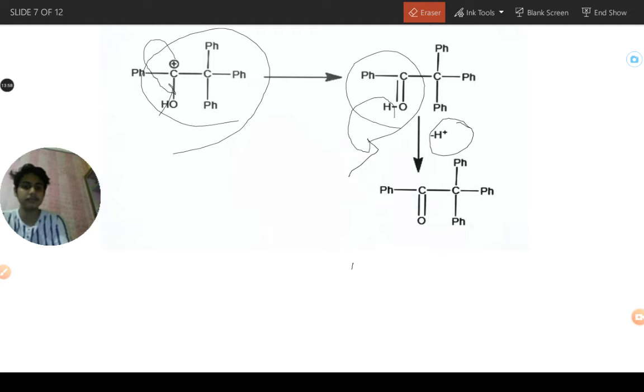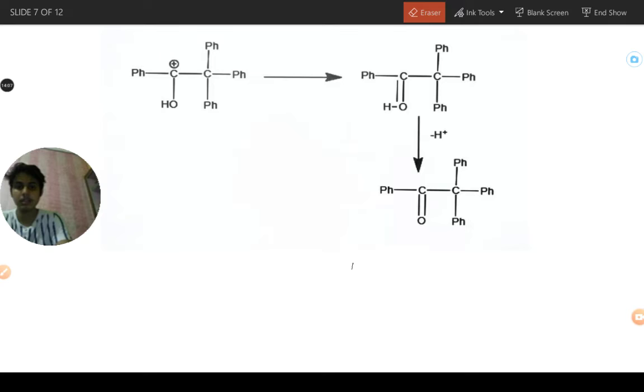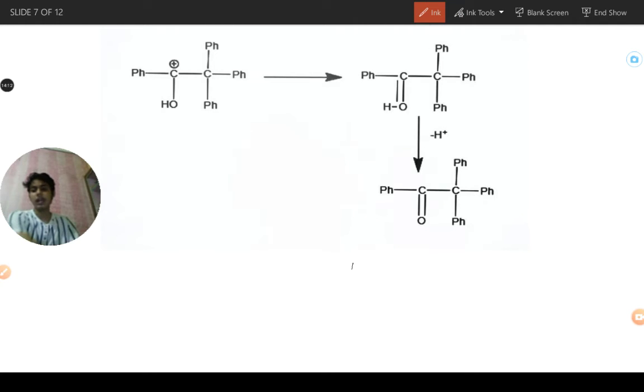See, we are now going to see the order of the migration shift.